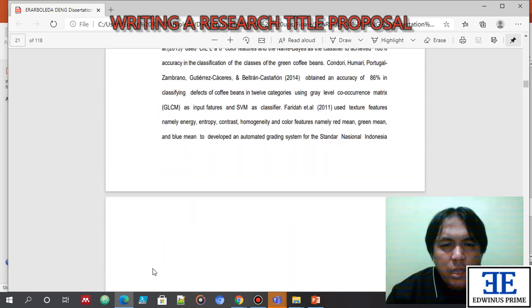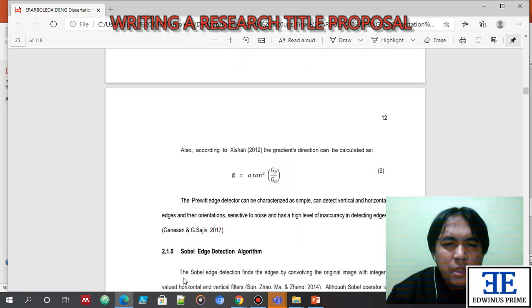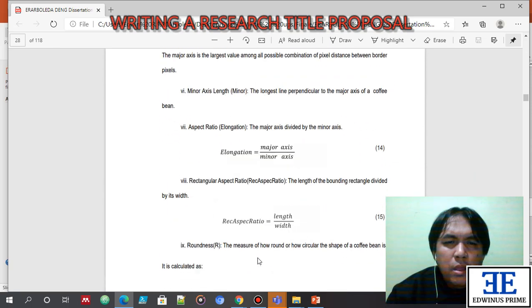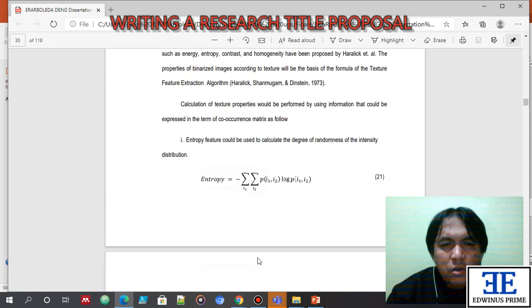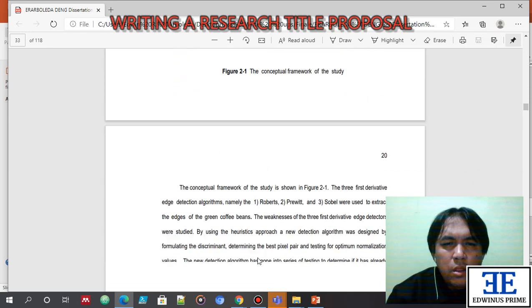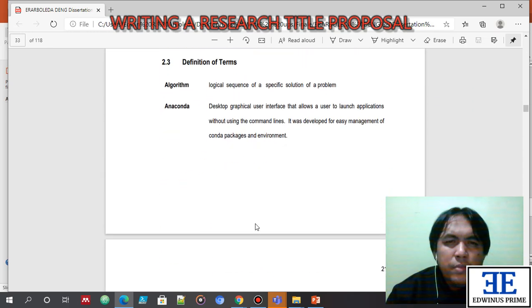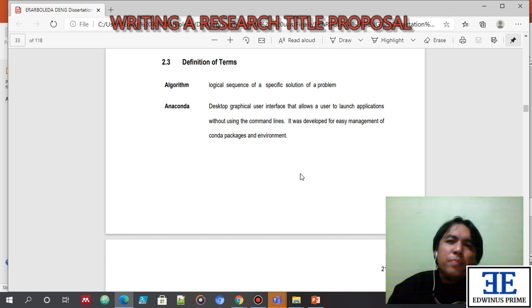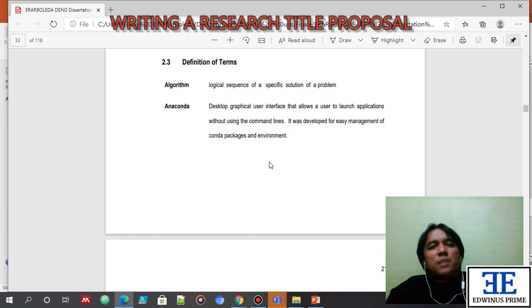So I think I included it in the second portion, in chapter 2. It depends on your school. In some schools, the definition of terms is in chapter 1. In other schools, the definition of terms is in chapter 2.